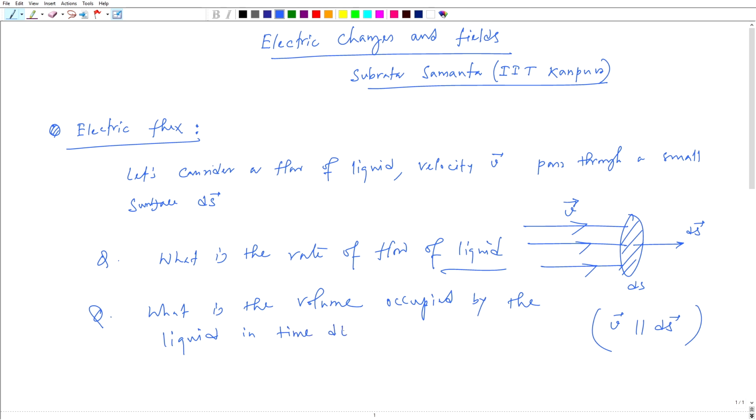We consider a small time interval dt, calculate the volume occupied by the liquid in that time, and then calculate the rate of flow of liquid. It is closely related to electric flux. First we consider the flux in case of liquid, and then I will discuss the flux in case of electric field lines.